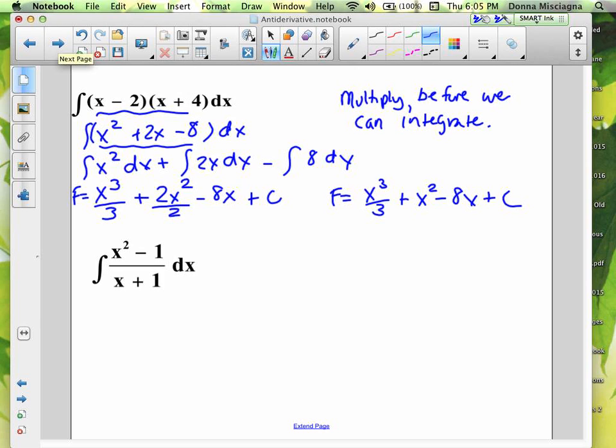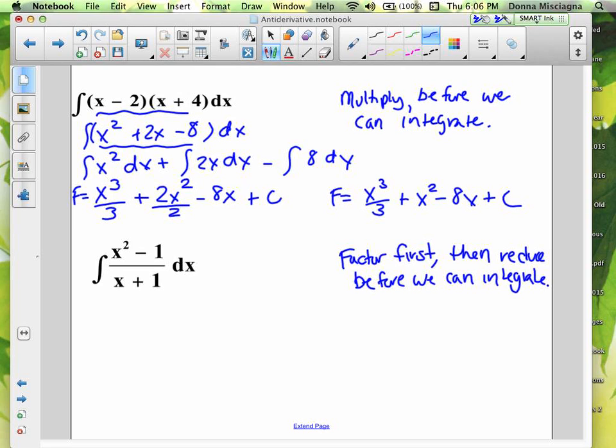This one we have to simplify. We have two terms, we can't just divide. However, if we factor first, we'll find that we could reduce. Then we can integrate, because we're going to have something much simpler.